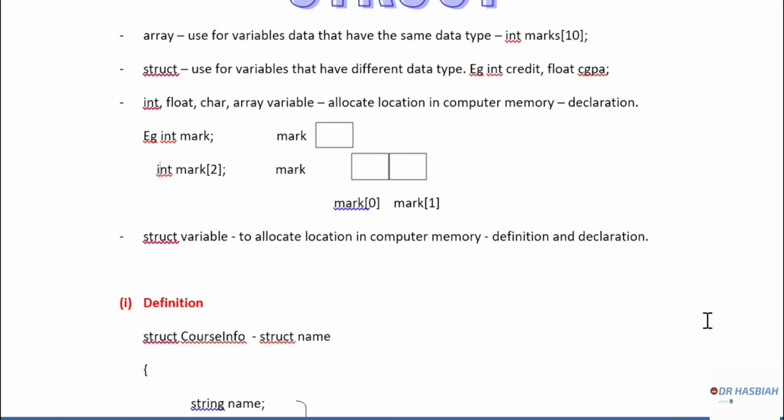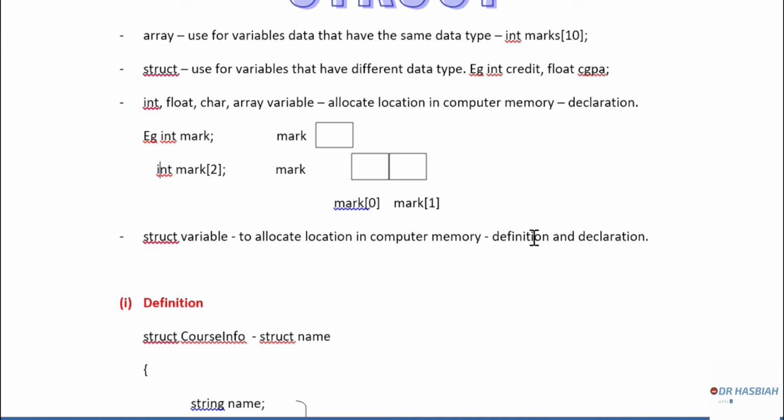To allocate a location in your computer memory with struct, you have to do the definition and then you have to do the declaration. We have two tasks here that we have to do.